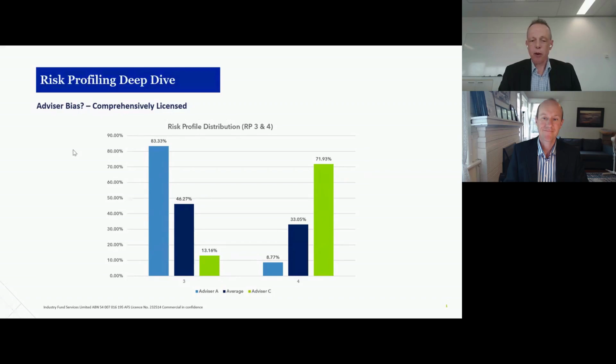Compare that to advisor C, who had over 7 out of 10 going into risk profile 4, so the next one up the spectrum. So as you can see, quite a huge difference. 83% for risk profile 3, and advisor C only had 13%, whereas advisor C's kind of doubled the average for risk profile 4. So something was going on there.